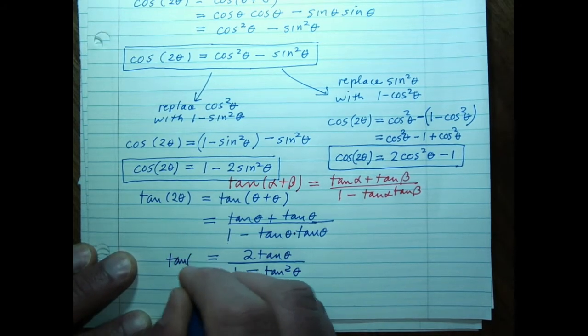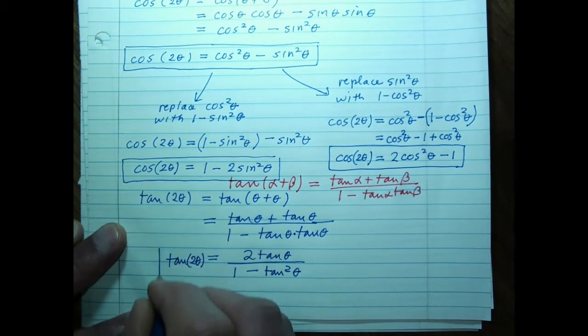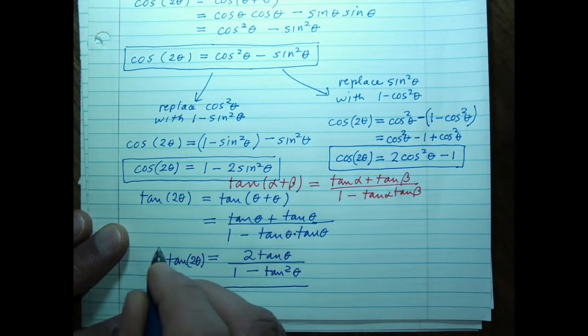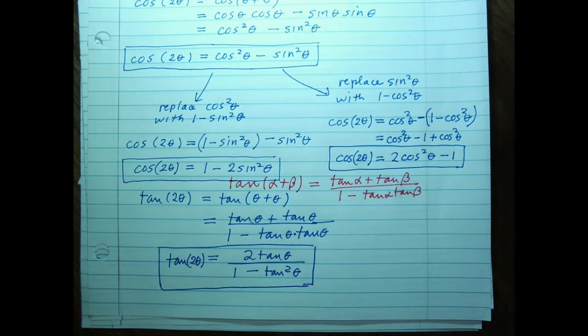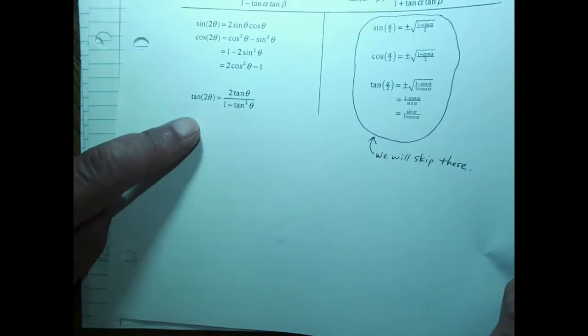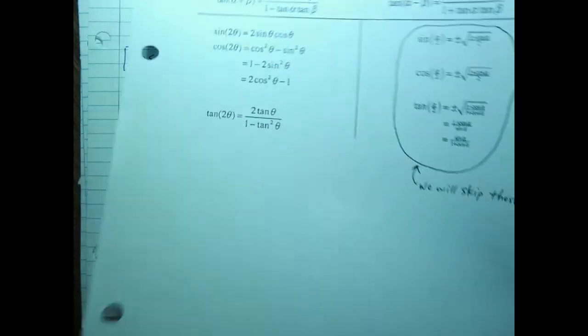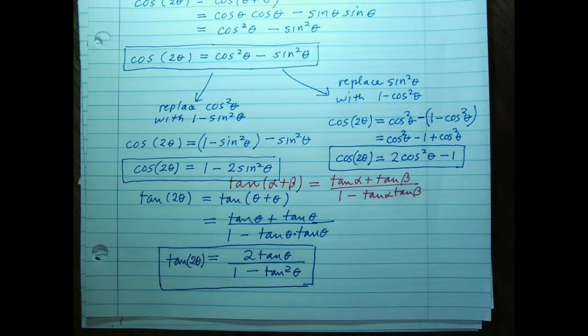And there's tangent 2 theta equals that guy. And so that's also on our identity sheet here in the lower left corner. These are our double angle identities.